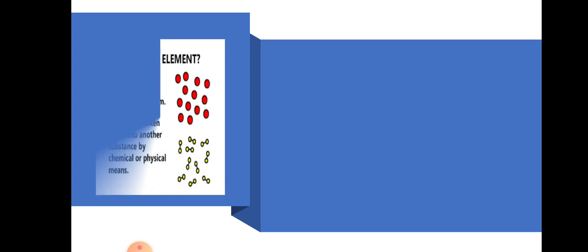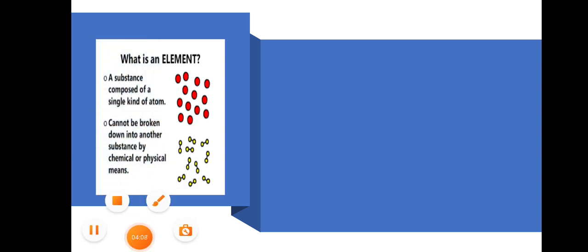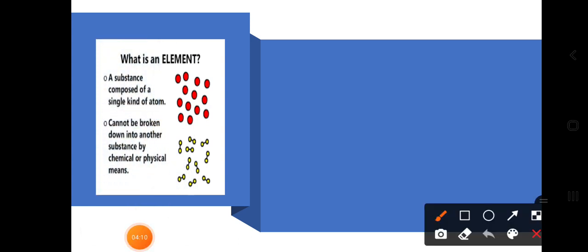Okay dear students, this is the concept of an element. What do we mean by elements? An element is a substance which is composed of a single kind of atom, and it cannot be broken down into other substances by chemical or physical means.